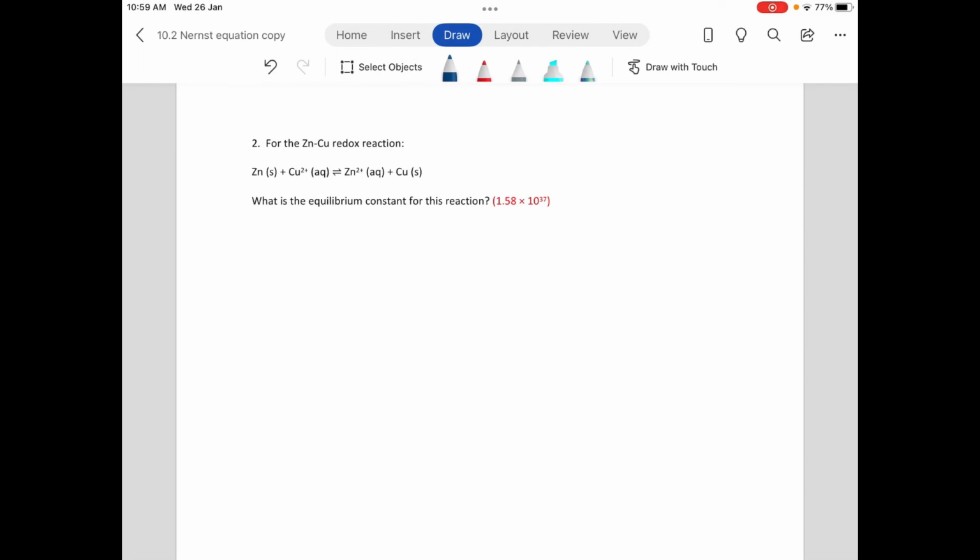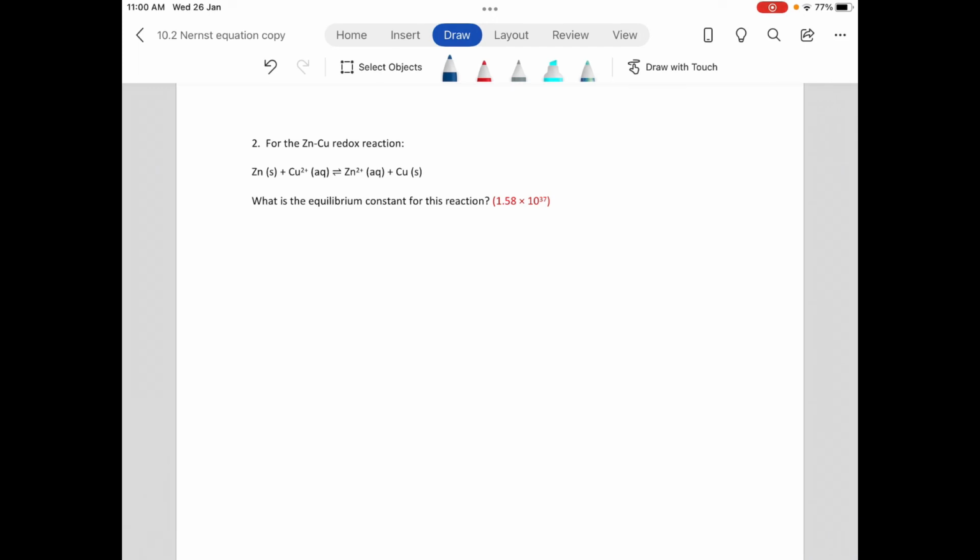Okay, let's do another example. Okay, this question give us for the zinc copper redox reaction. What is the equilibrium constant for this reaction? Okay, since the question require us to give equilibrium constant, so we can assume that this reaction happens at equilibrium lah.